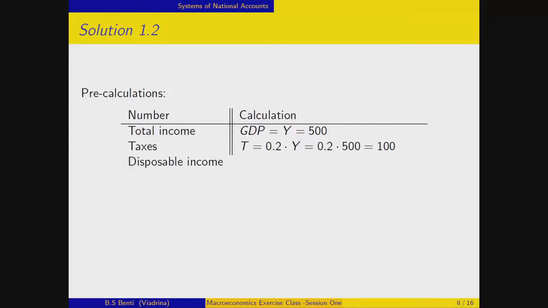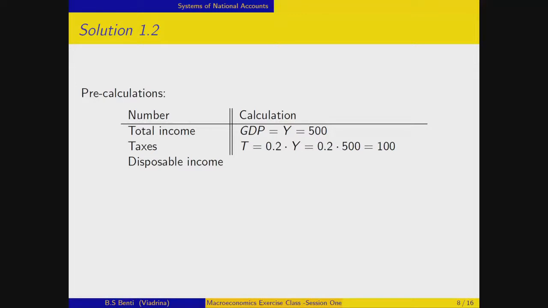The third item is disposable income. Disposable income is an income after tax which consumers are willing to consume or save. So if you have a certain amount of income, you pay taxes, and then the rest is for you to consume or to save.